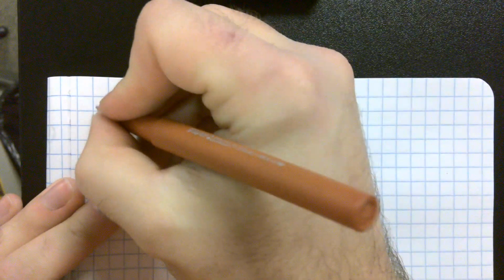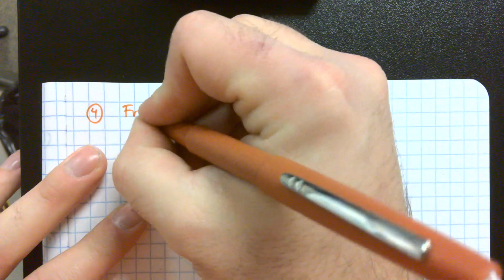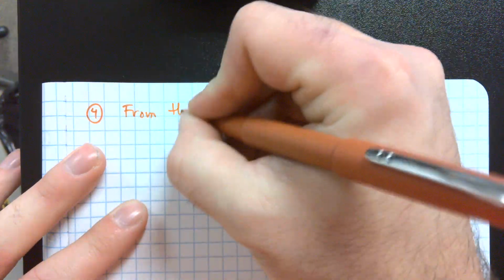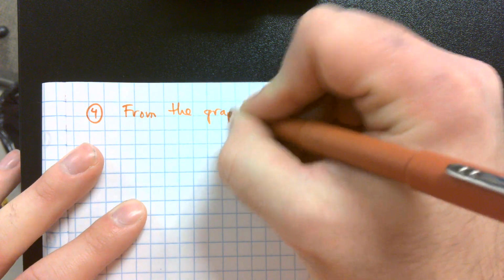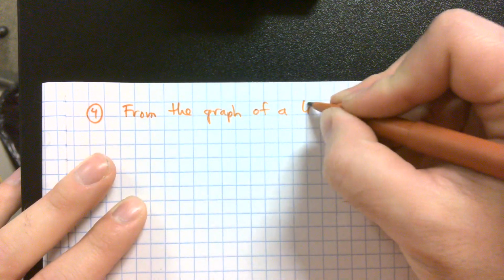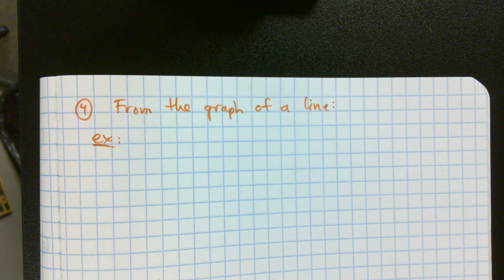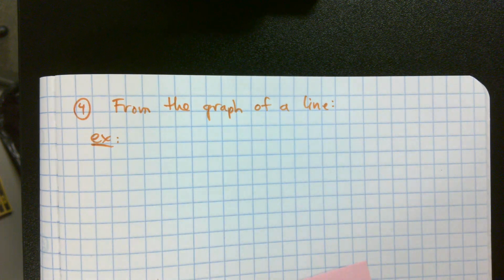All right. Fourth method. We're going to write the equation from the graph of a line. This is where we're going to glue our little graph square in.